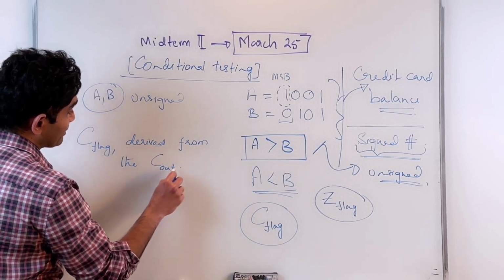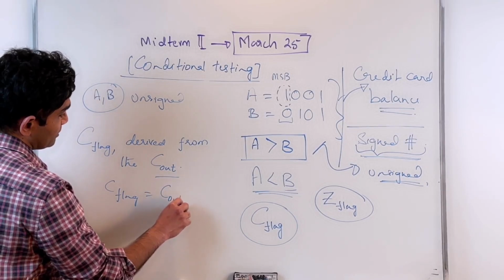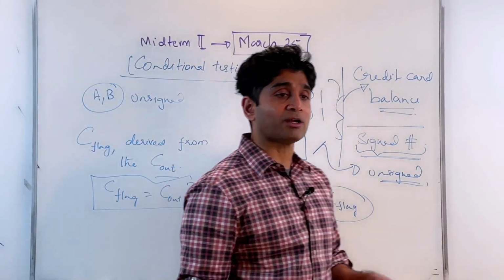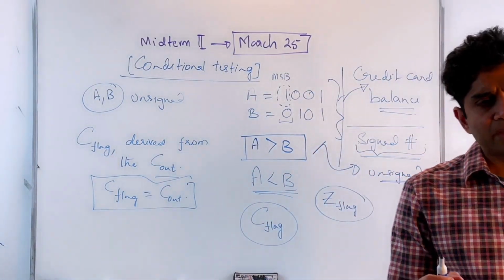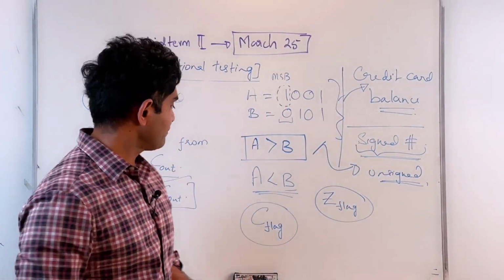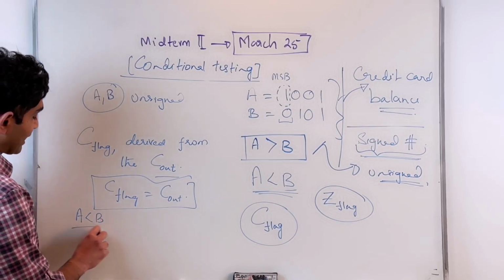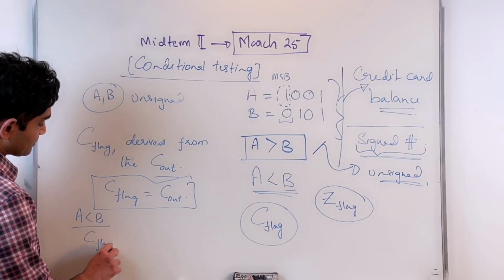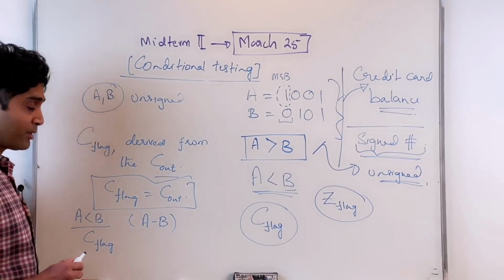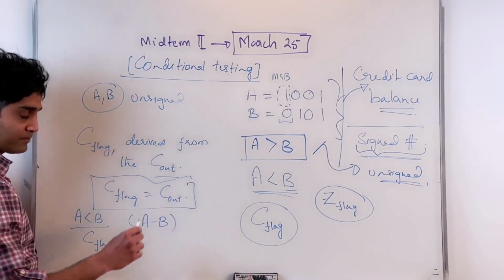I'm saying derived because the C flag is not equal to C out under all circumstances. It's equal to C out only under some circumstances, because of the way we defined the C flag. If A is less than B, when I'm doing an A minus B operation, I want my C flag to be set.